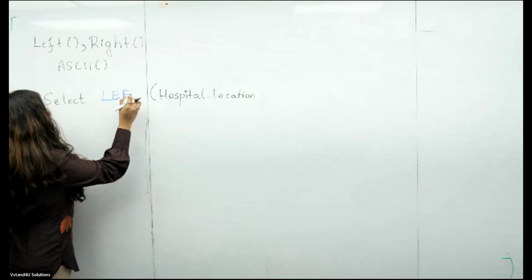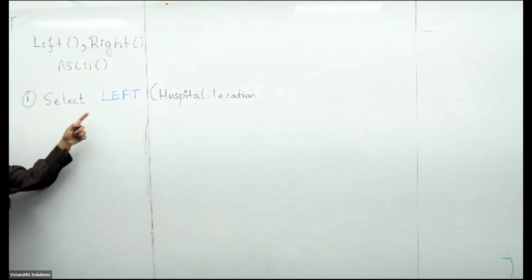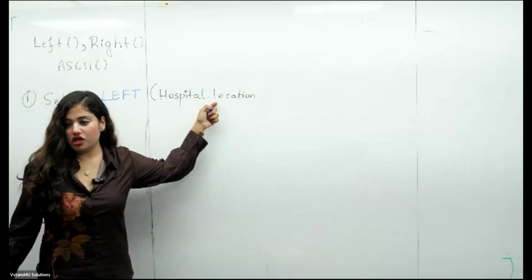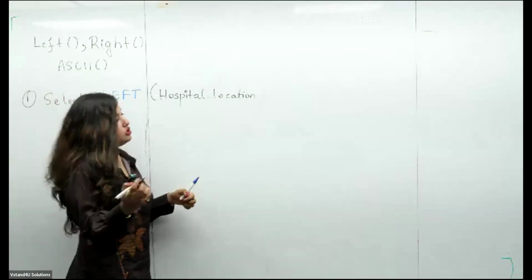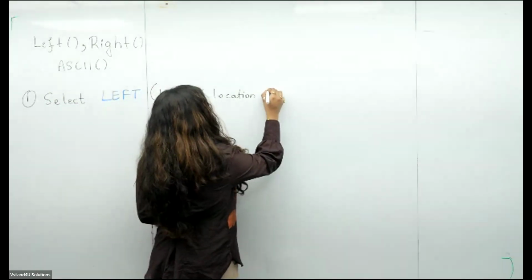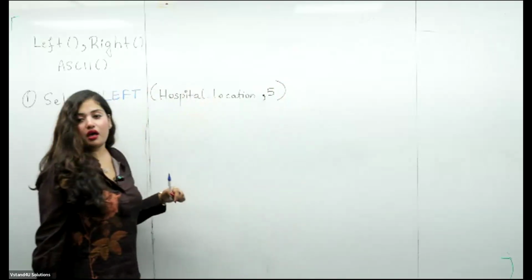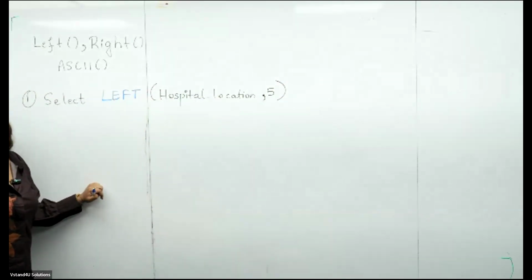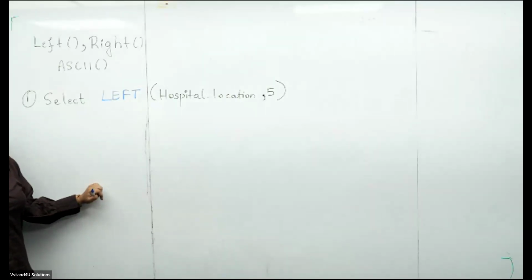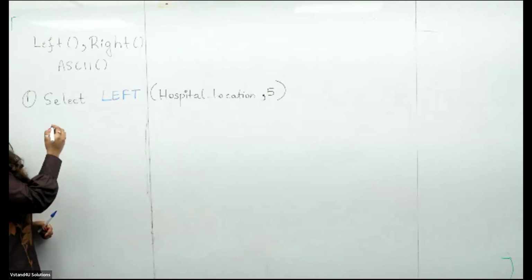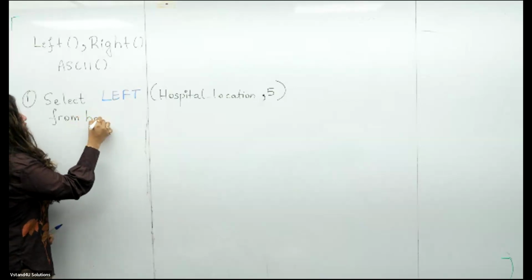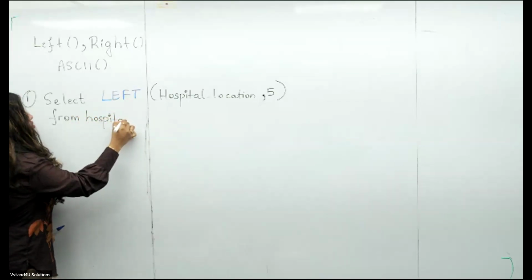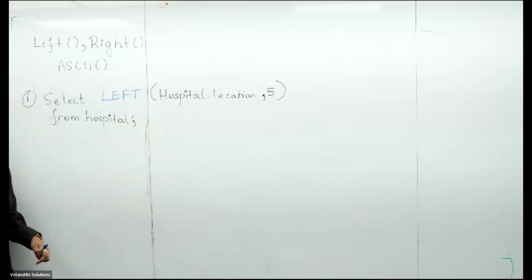So I will be using the function called left of hospital location. How many characters are they telling you to extract? 5 characters. So I will just say comma 5, and then from which table? From the table called hospital. Yes or no? Clear with this one?